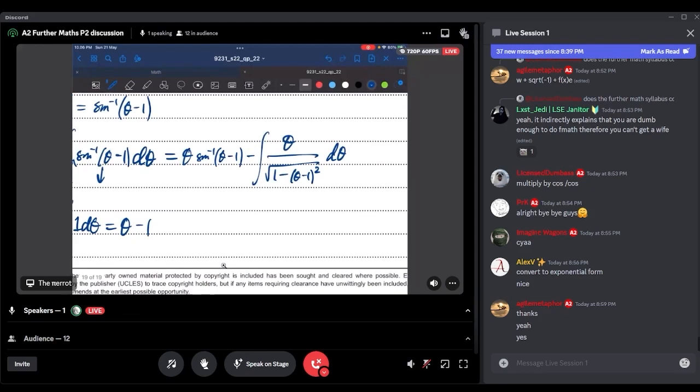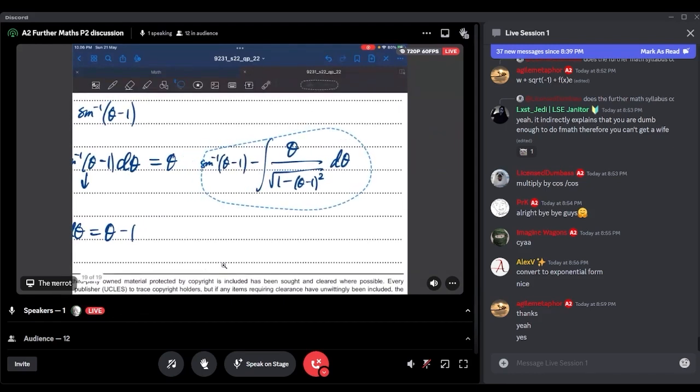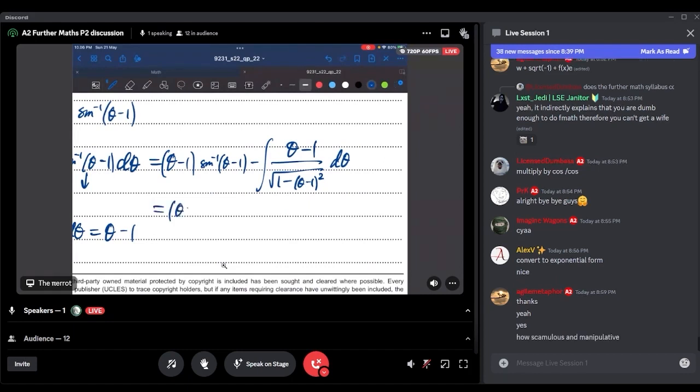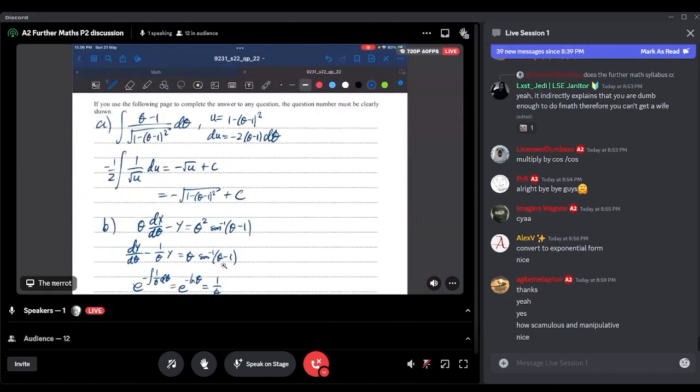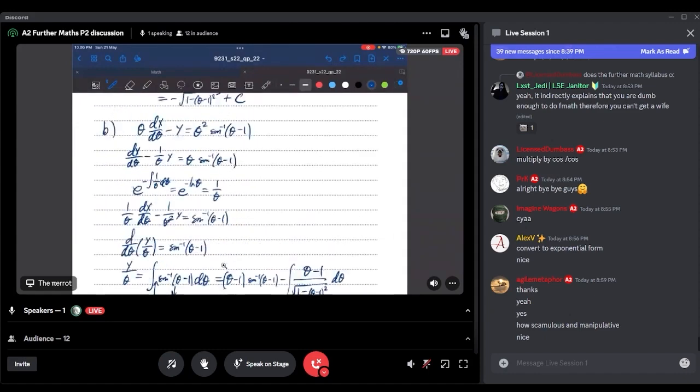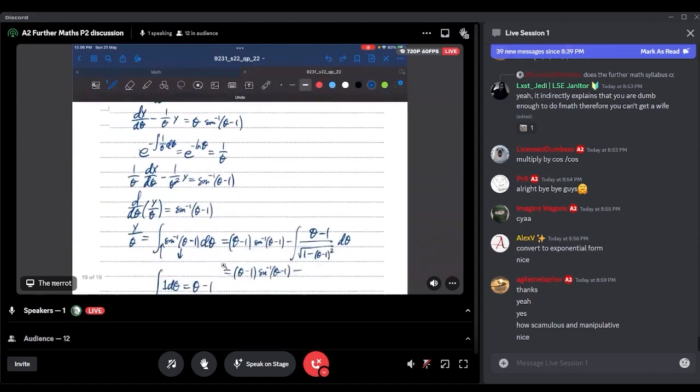So this is -1 and this is not -1. And now we know how to do this because we already did it in the previous question. So this becomes theta -1 sine inverse theta -1 minus what we got here. Well, this is a minus, so it becomes a plus now. Plus square root of 1 minus theta -1 squared plus c.